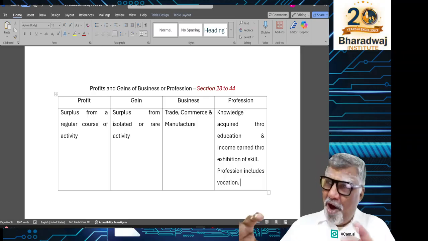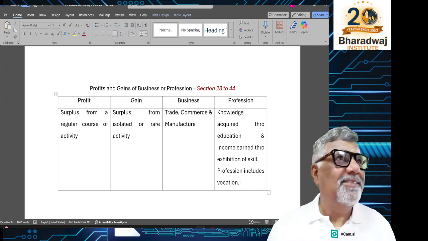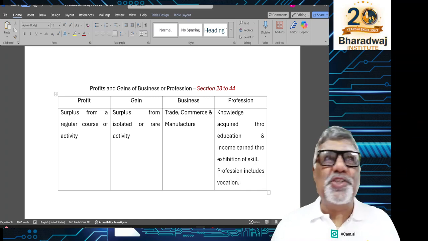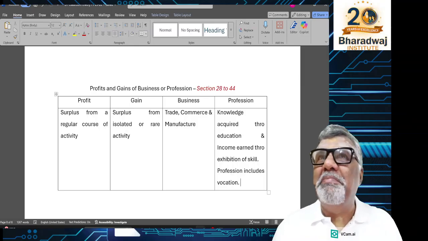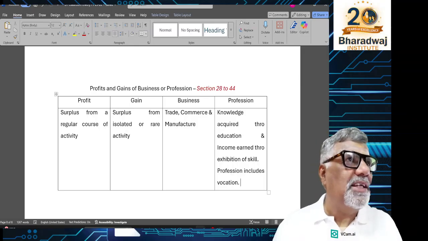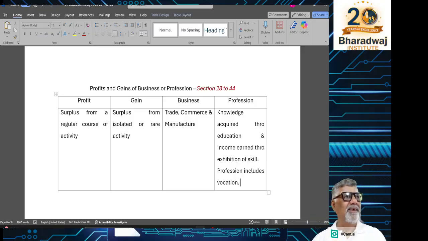There is a formal system of learning also, but there is no school to certify that so and so can be a plumber, so and so can be an electrician. Computer mechanic. There is a formal system of education, but there is no school to certify, and it is also skill based.